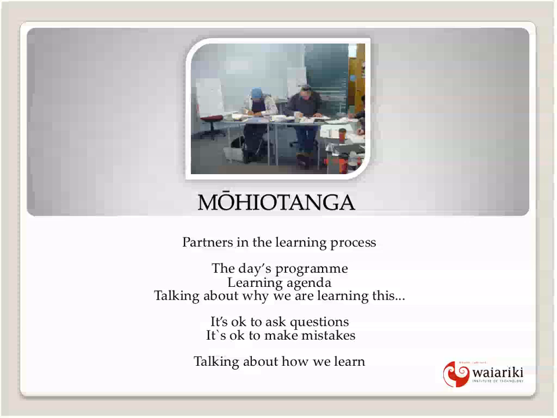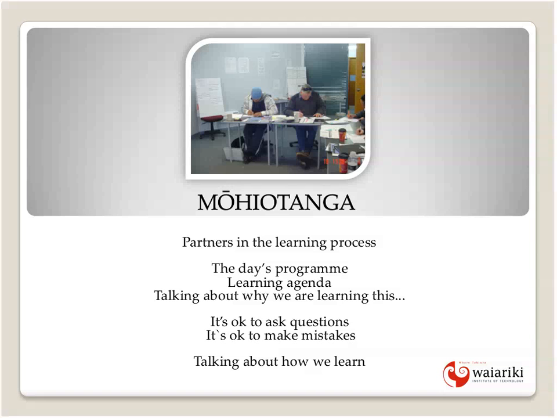Some other examples are to have the day's program, the learning agenda, displayed in the classroom. When this happens, the students know what's going to happen during the day, and they know when they can take a break. They know how long they have to last until they can go and have morning tea or lunch.